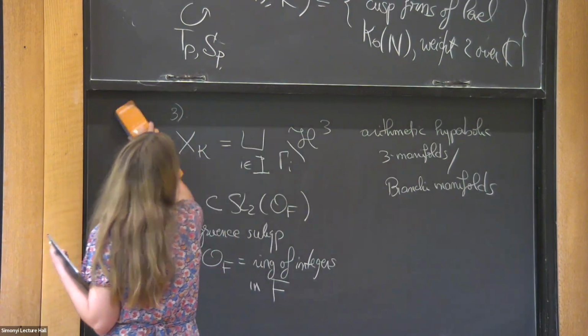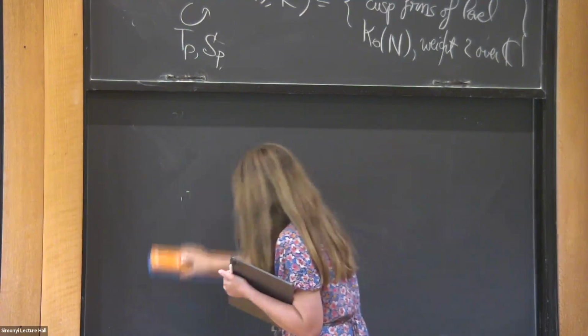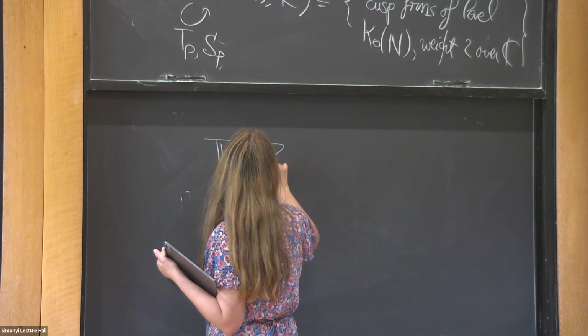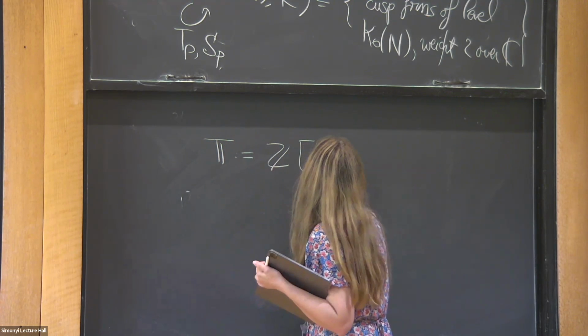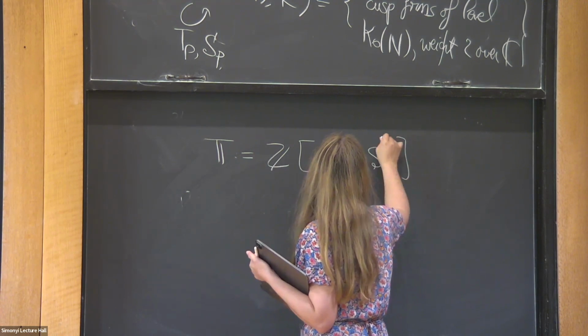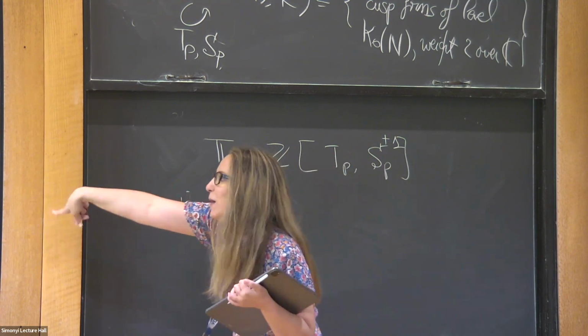And you can go even further and say that there's a whole action of a Hecke algebra. So I define this to be Z adjoin T_P and S_P. And this S_P ends up being invertible because it's just given by that isomorphism.